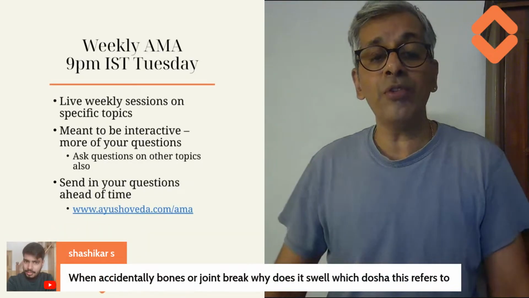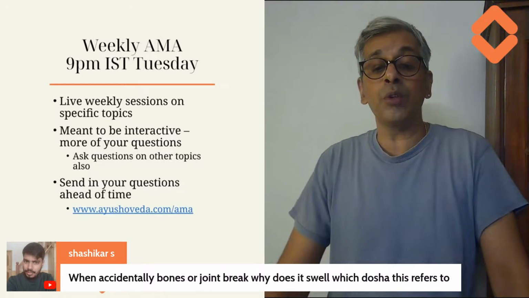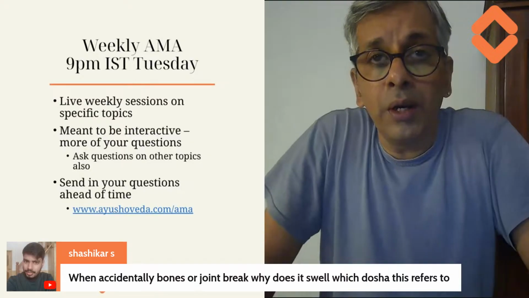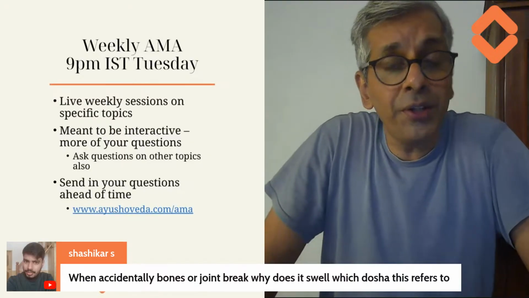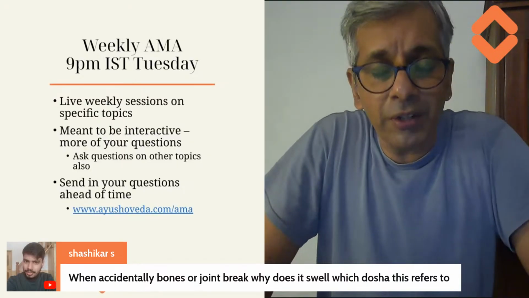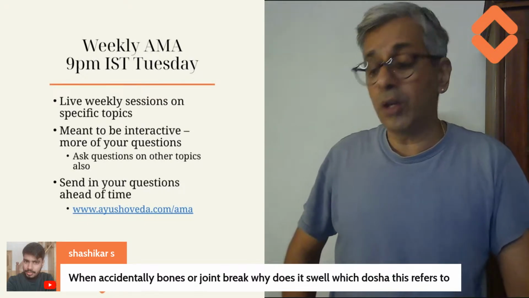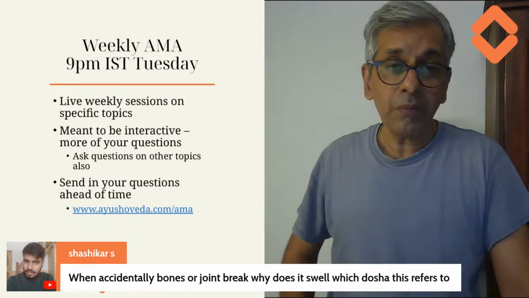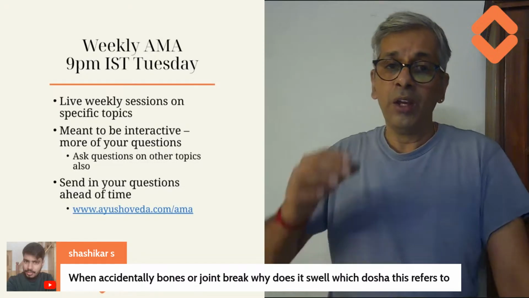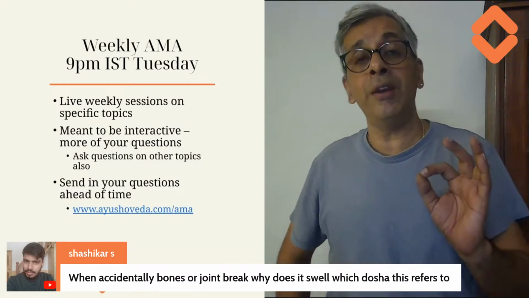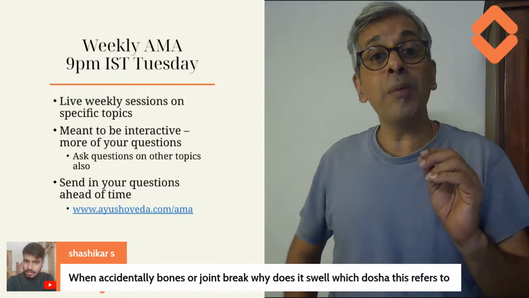When accidentally bones or joints break, why does it swell? Which dosha does this refer to? See, do you know why your joint breaks pretty fast, or you get a sprain sometimes? It is because your muscles are not strong. When your muscles are strong and exercised, they become really elastic.